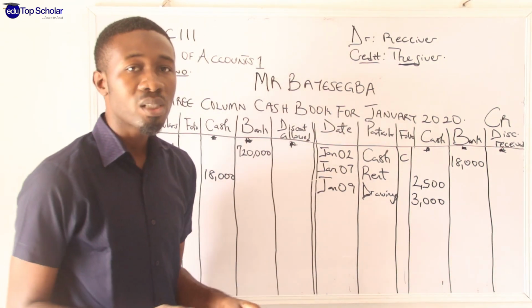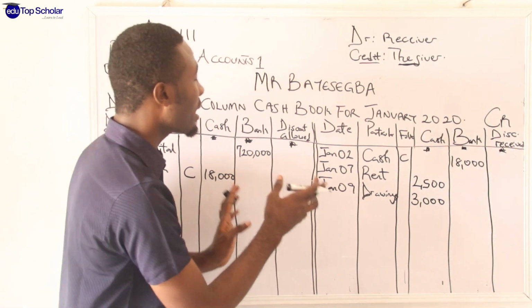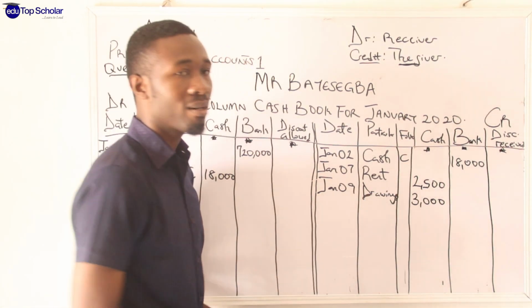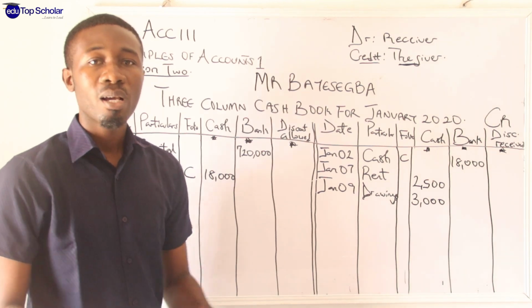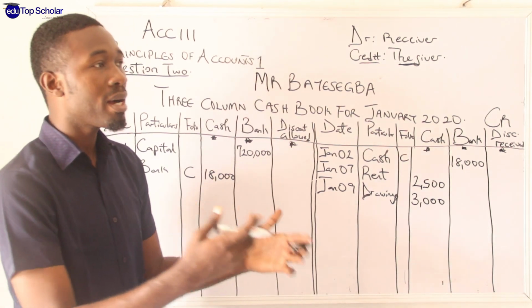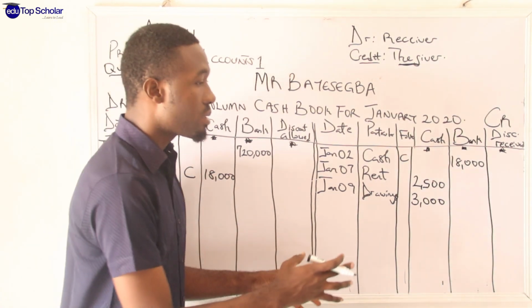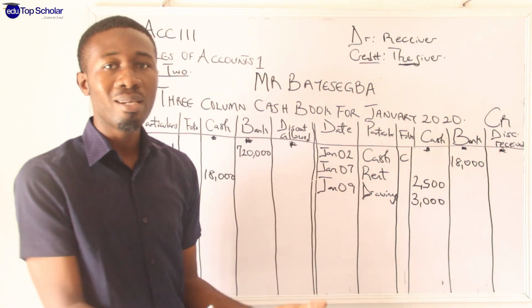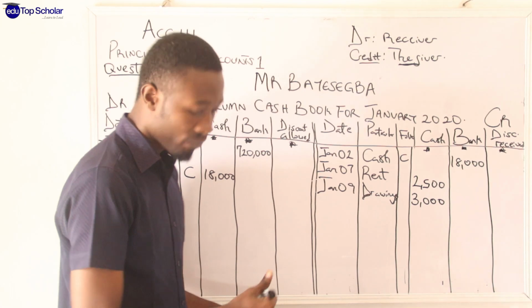So when you see purchases and you are working on a cash book, it is quite simple. You record on the credit side, because in any case, when there is a cash or bank purchase, it means that money is leaving the business. You are paying money in exchange for the goods you are receiving.